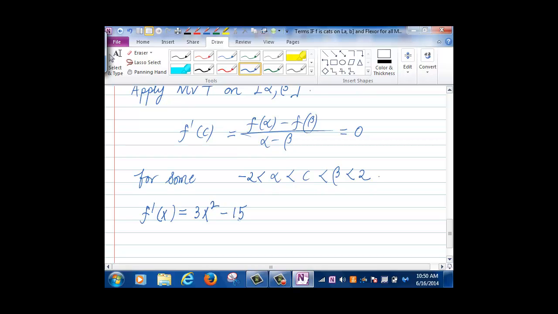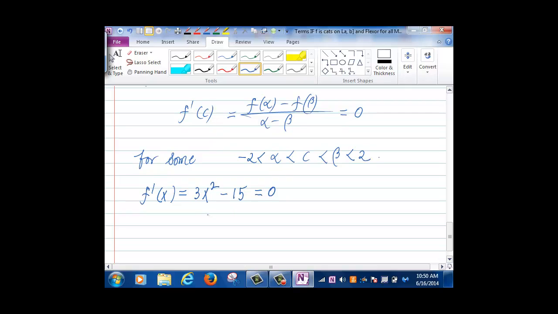And notice that the derivative would be 0 if x squared is 5, or x is plus or minus root 5. Is everybody okay? Well, what's wrong here?